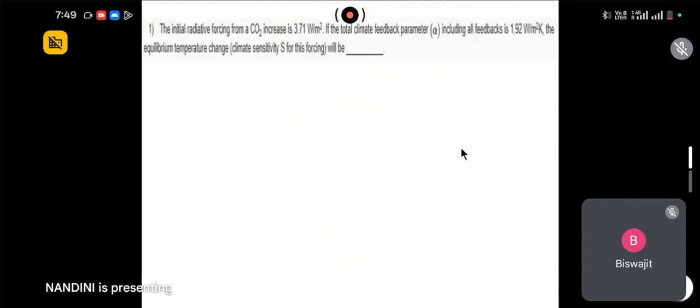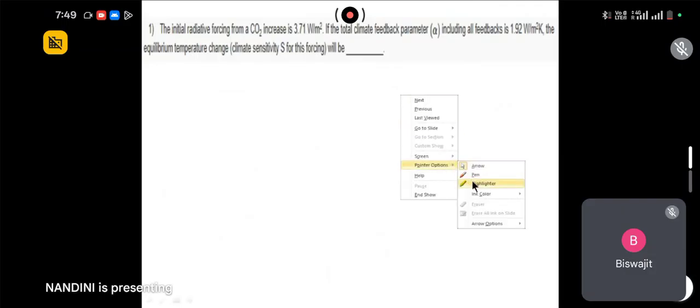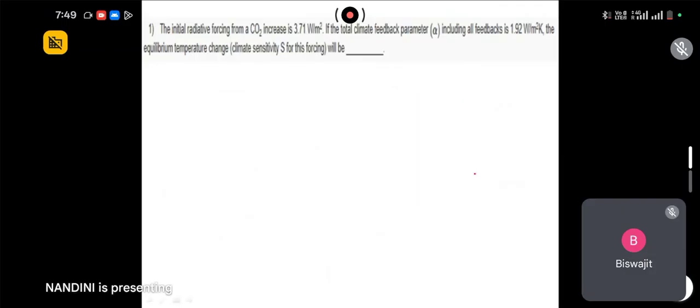So the question is: the initial radiative forcing from a carbon dioxide increase is given by 3.71 watt per meter square.